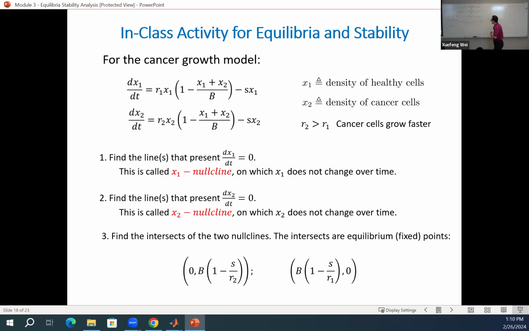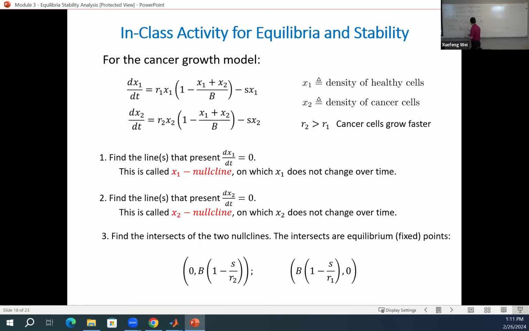So similarly, what is the x2 nullcline? The x2 nullcline is where x2 doesn't change with time, dx2/dt equal to 0.